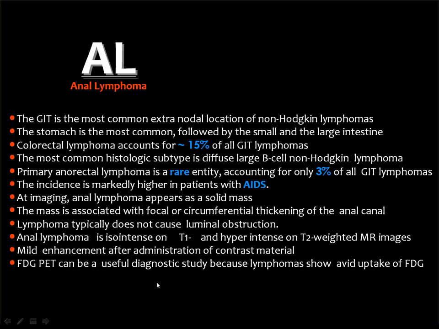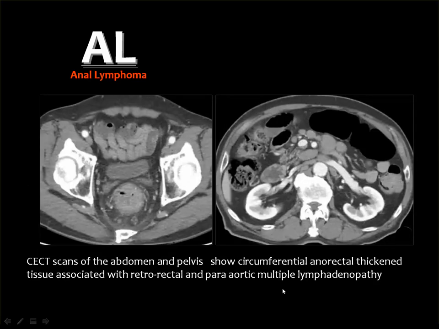It has no tendency to obstruct the lumen of the bowel, and the presence of ulcerations or areas of breakdown is considered an uncommon feature of the lymphoma. And then if you use the PET-CT, you get significant metabolic activity.